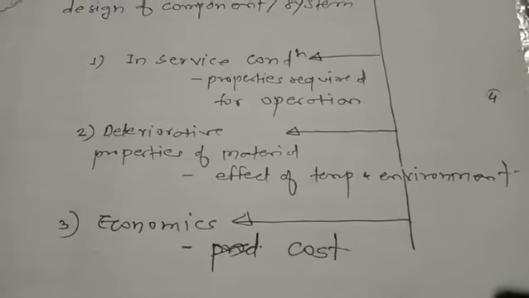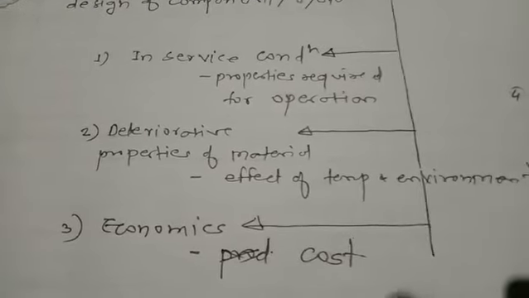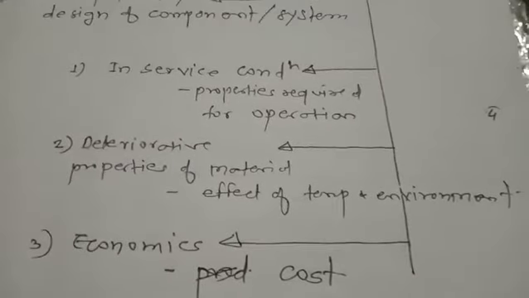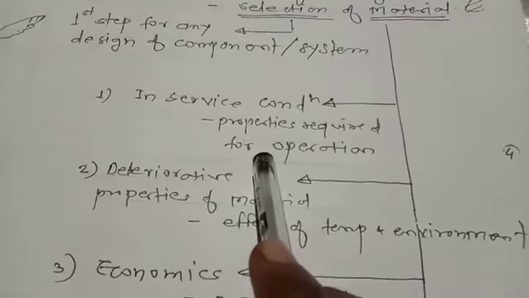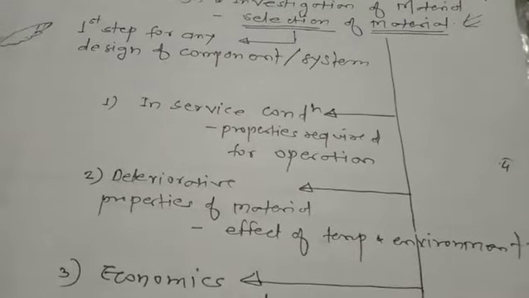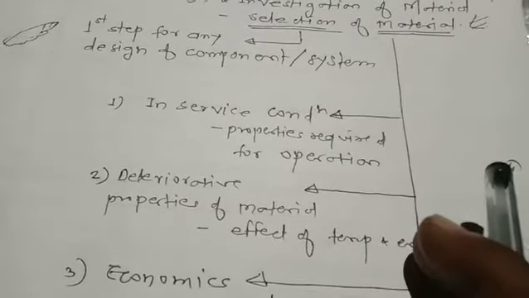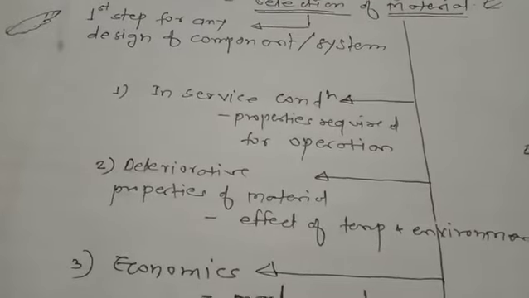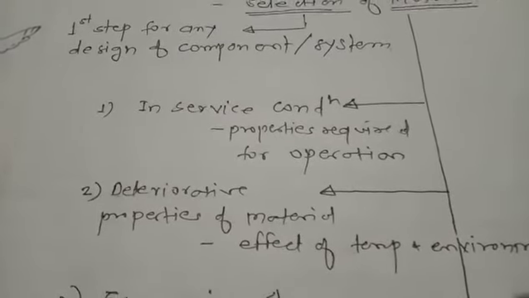The service condition on the particular component or system will decide which type of material we need to use, that is, the properties required for the operations. If we require a hard material, we can choose the corresponding material. If we require a soft material, then definitely that particular type of material we can select. Means we should know the condition of operation, and the properties required for the operation are very important.